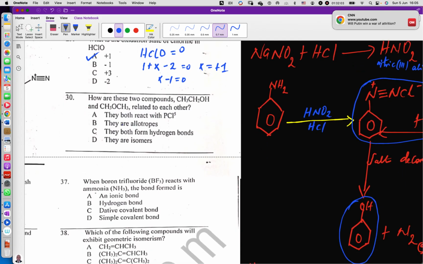Question 30. How are these two compounds related to each other? This is ethanol and methoxymethane.